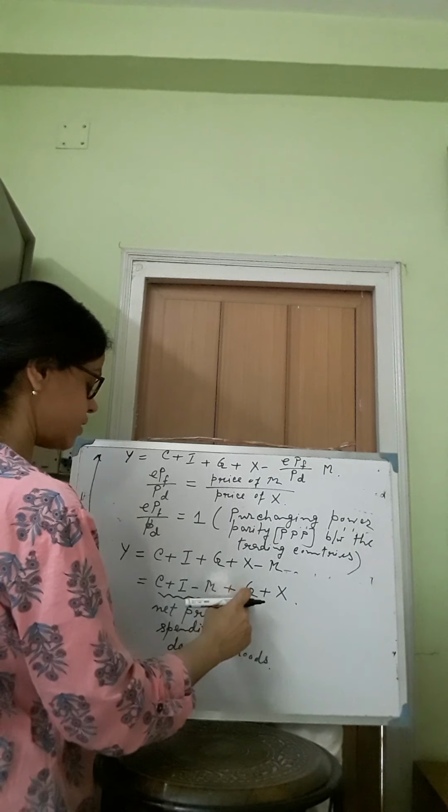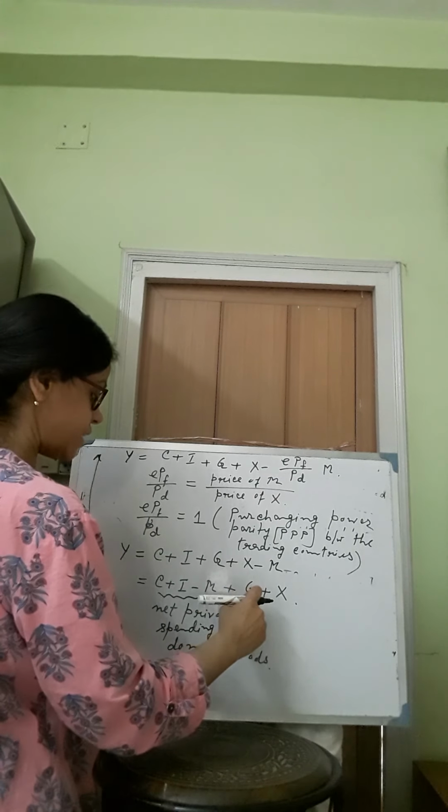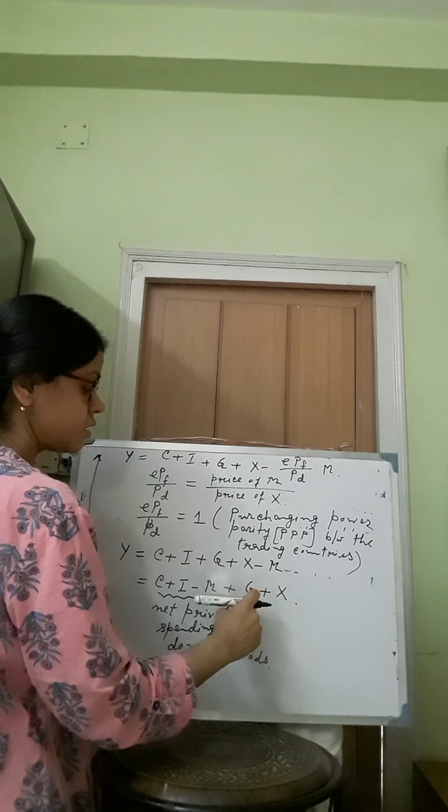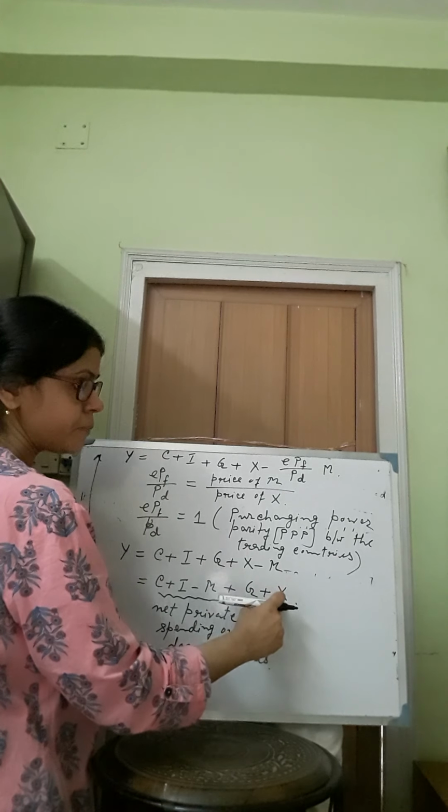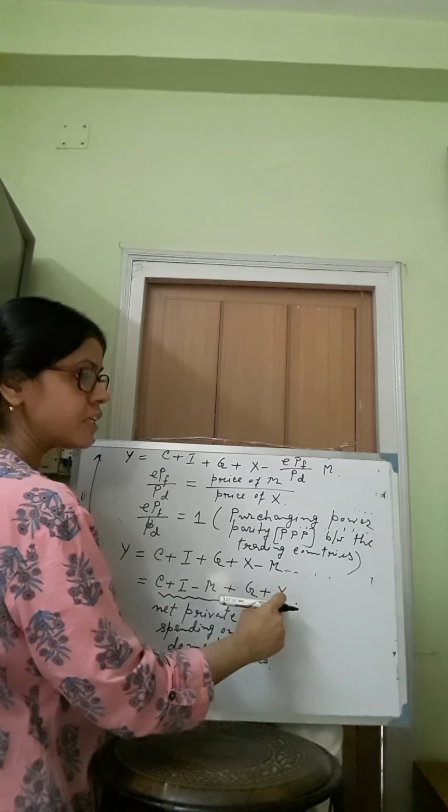Now, G is the spending by the government on domestic goods, and this export means basically the spending by the foreigners on the domestic goods.